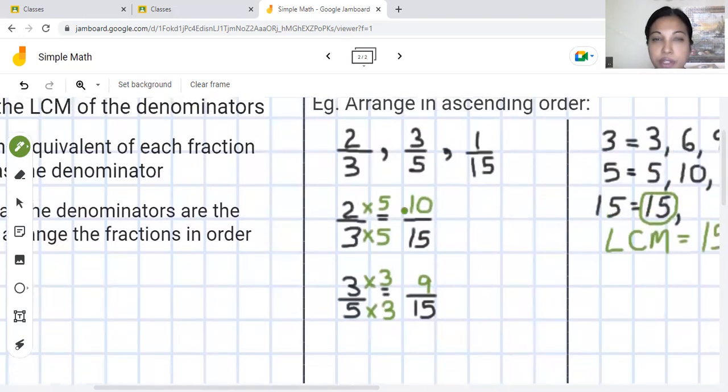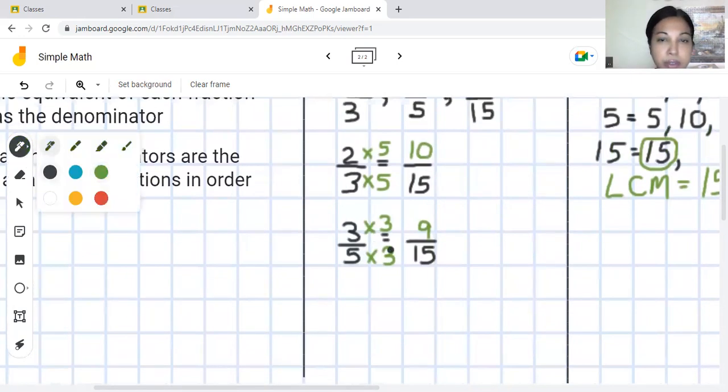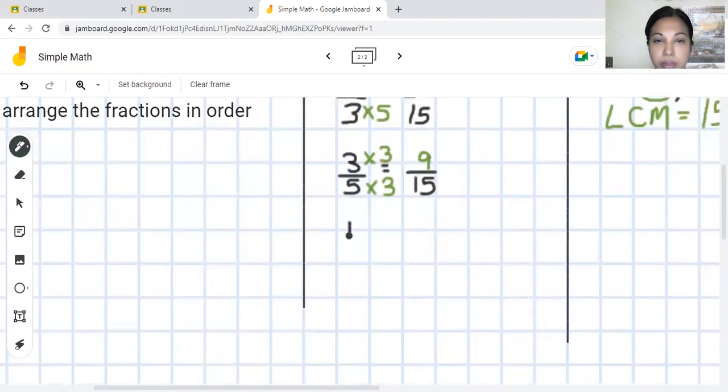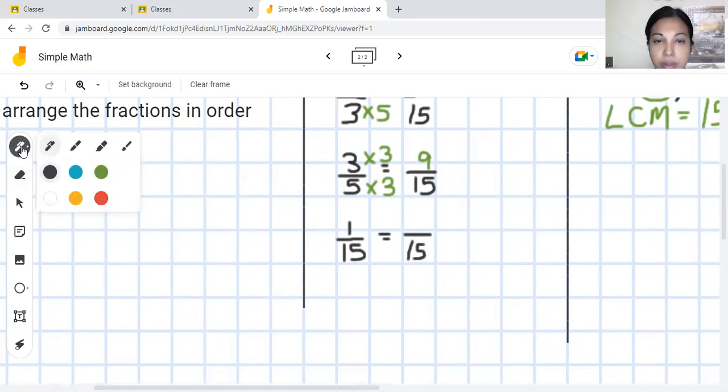My last fraction is 1/15. So 1/15 is equal to something over 15. So what do I do to 15 to get to 15?